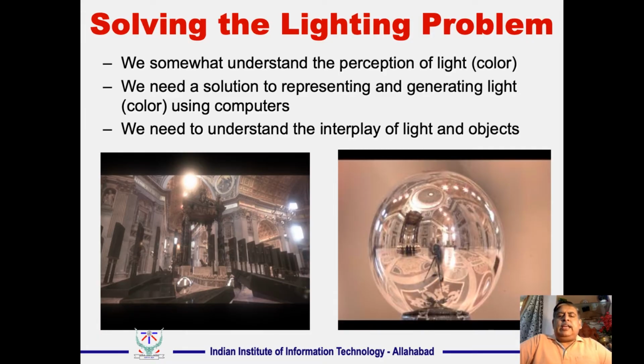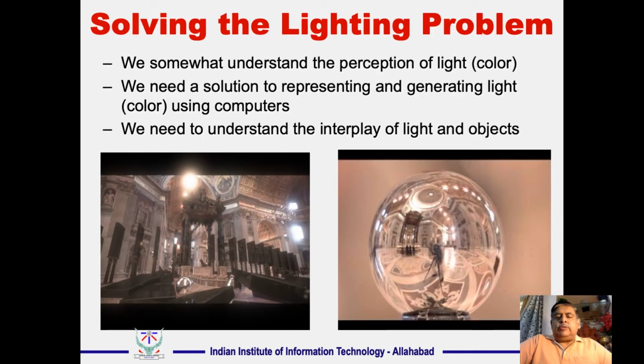objects. Here is a sphere which is there in the St. Peter's Cathedral at Vatican, where due to the shape of the sphere, you see a practically close to 180 degrees view. This is something like a fish-eye lens or an extremely ultra wide angle lens.